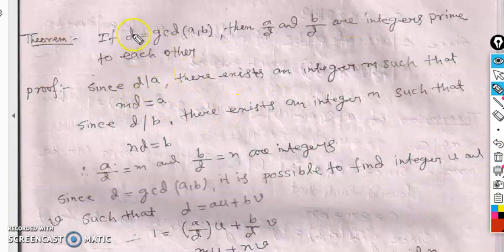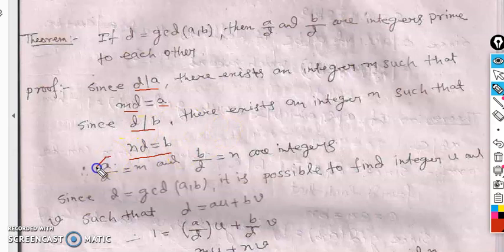First, since D is the GCD of A comma B, therefore D should divide A. So you can write A is M into D according to the division algorithm, because D is a divisor of A. Similarly, D is again a divisor of B because D is the GCD of A comma B. Therefore, you can write B is N into D. It's clear for you.